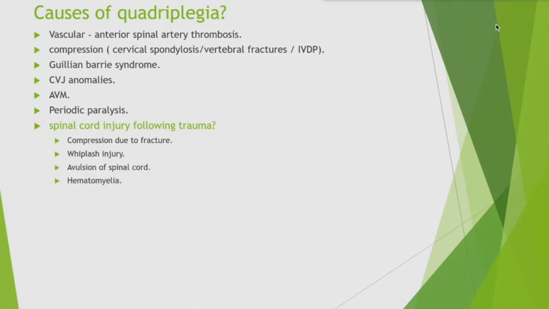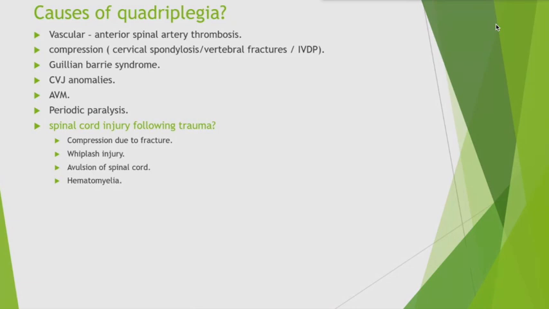There can be compression of the spinal cord by the fractured bones. Then any hematoma formation which can compress. Then avulsion of the spinal cord and whiplash injury.